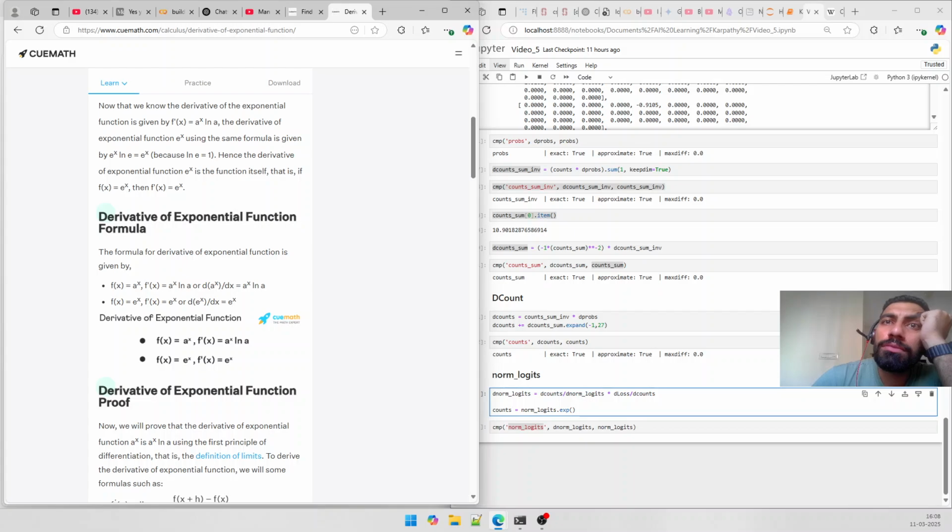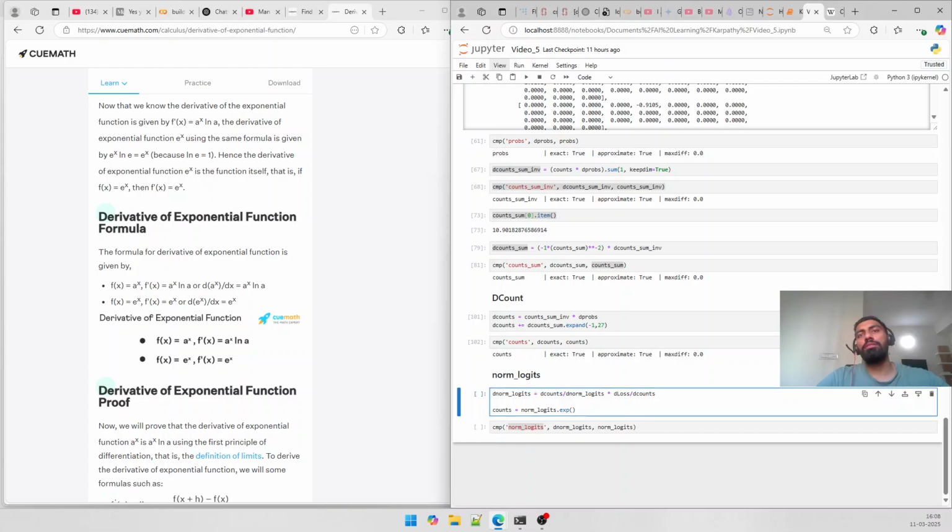So this thing, right, is equal to this into d counts.